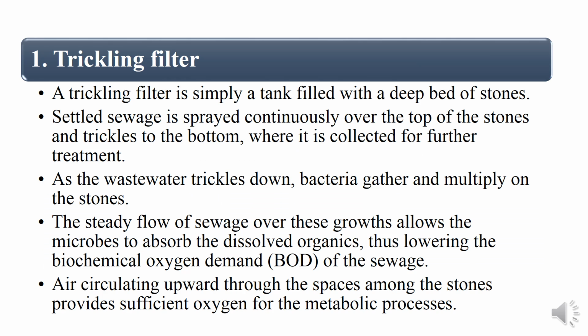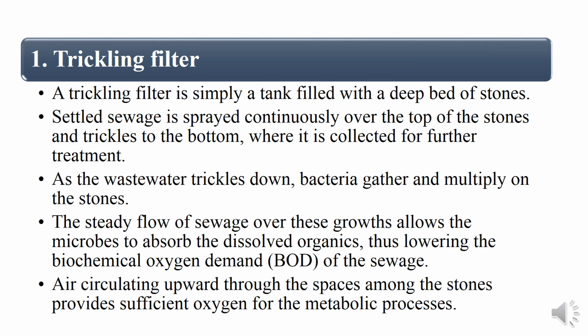In the first one, the trickling filter, a trickling filter is simply a tank filled with a deep bed of stones. Settled sewage is sprayed continuously over the top of the stones and trickles to the bottom, where it is collected for further treatment. As the wastewater trickles down, bacteria gather and multiply on the stones.